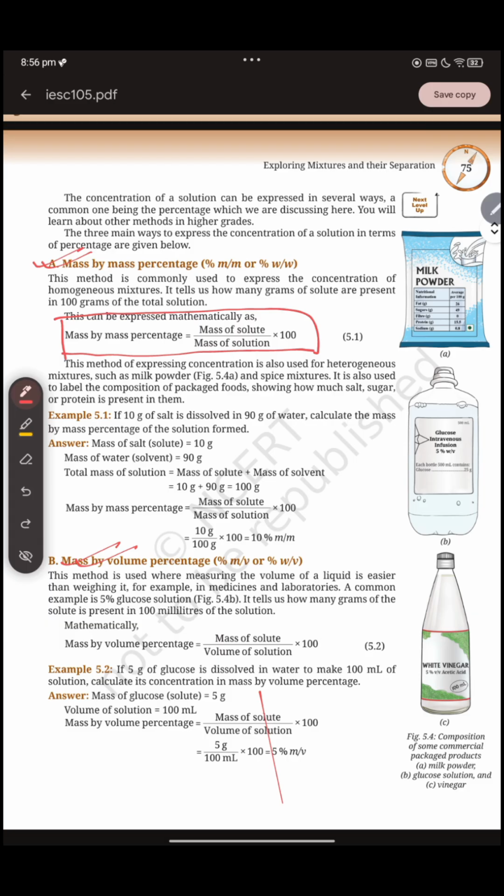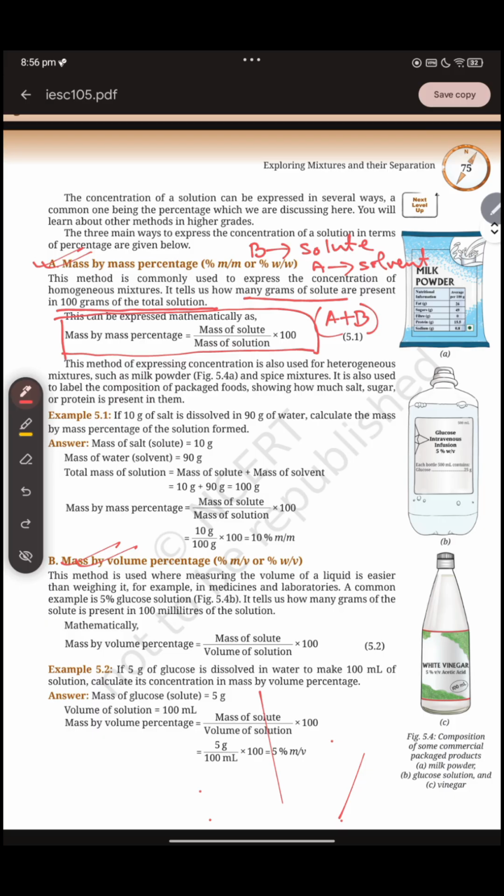What does it mean? Suppose I take 100 gram of the total solution, then what is the mass of the solute present in the solution in gram? Suppose B is solute and A is solvent, then mass of A plus B is the mass of the solution.